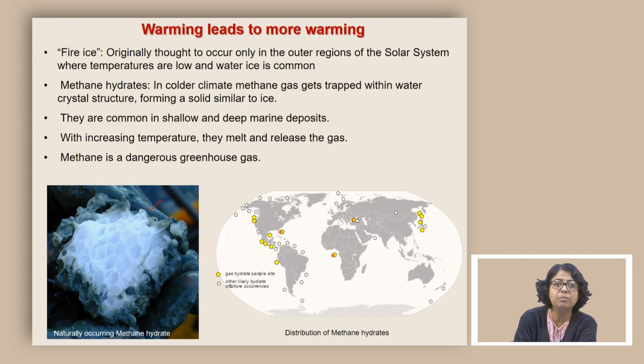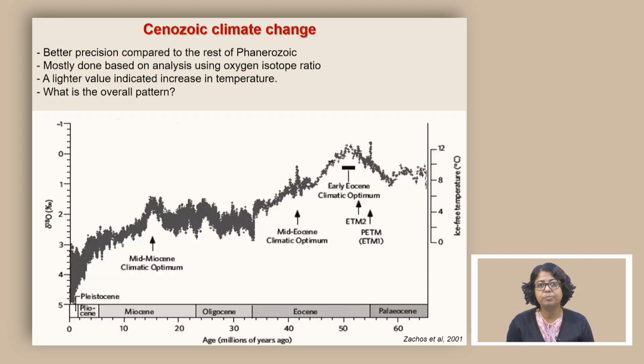Now, we know that methane is a very potent greenhouse gas. So, if the temperature increases for other reasons and that starts to also melt these methane hydrates, we are adding more methane to the atmosphere, which will make the atmosphere even hotter. So, warming often leads to more warming, primarily through these hydrates and the release of methane to the atmosphere.